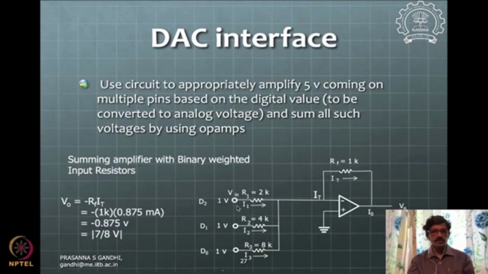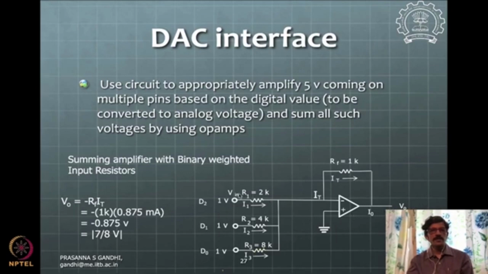And this current is proportional to the digital values that you are supplying at each of these resistors, and these resistor values are so selected such that the calculation will show that when this digital value is changed linearly, the analog output voltage will change linearly.